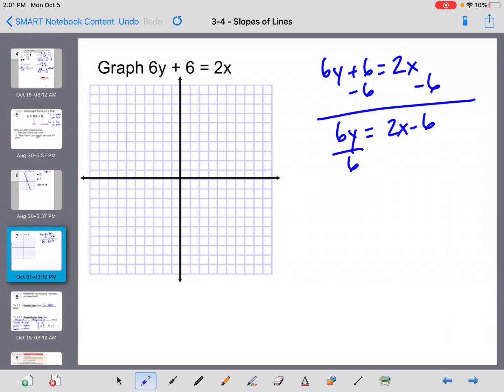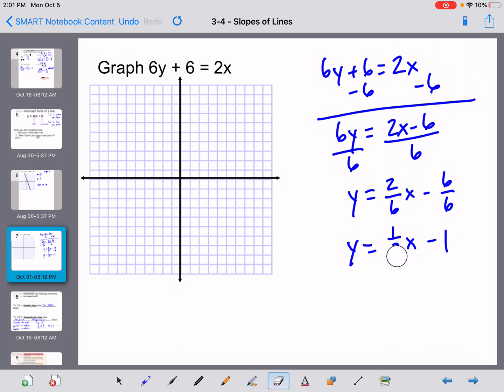And then I'm going to divide, and I'm left with y equals 2/6 minus 6/6. Simplify my fraction, that's going to give me a 1/3 minus 1. So for this problem, my slope is 1/3.